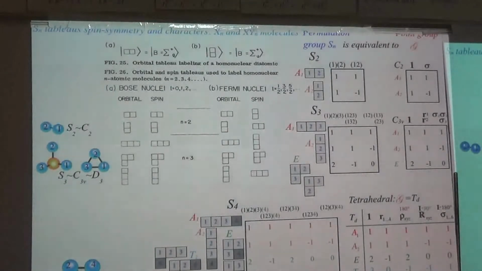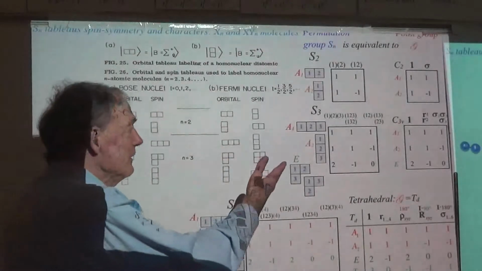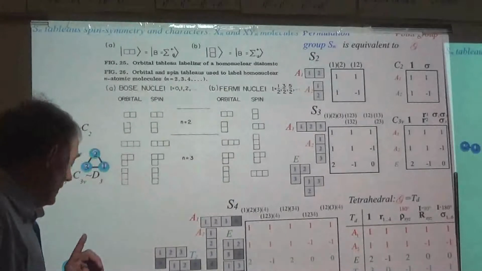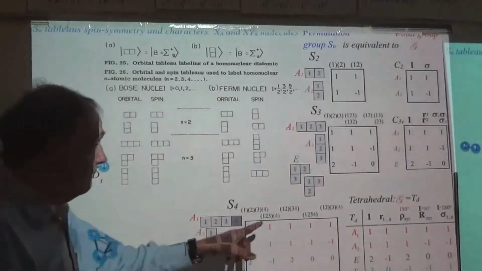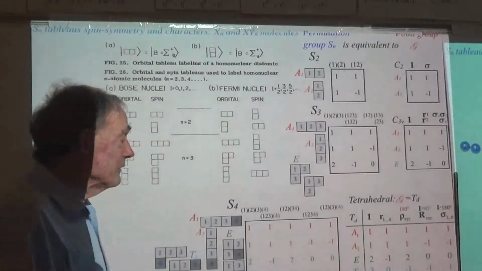Anyway, you can see that this is incredibly powerful, and you can see the correlation between the tableaus in, say, S3, and here we're talking about S4, and I just go ahead and draw the tetrahedron because it has 4 numbers that are getting permuted in these cycles right here, respectively.